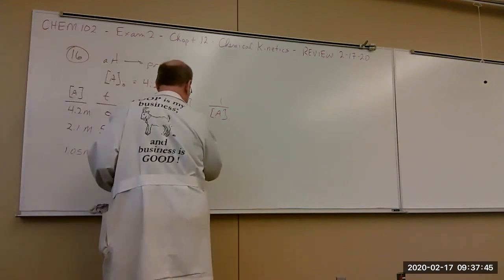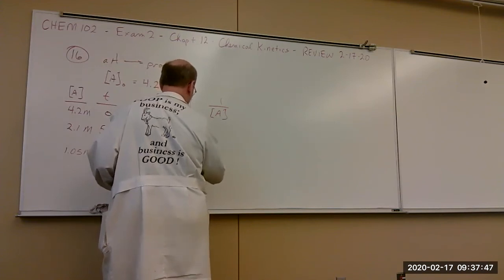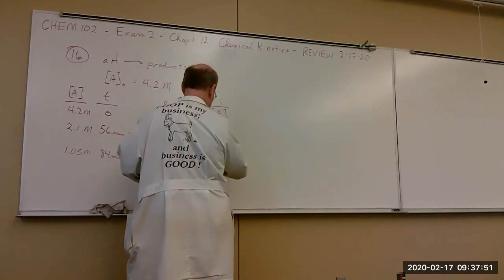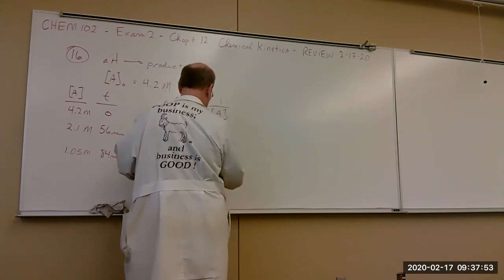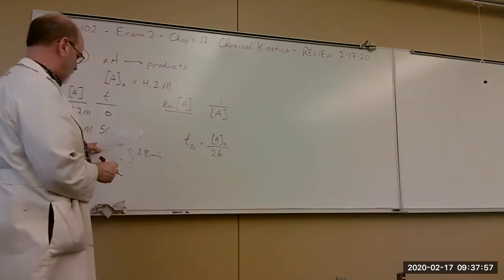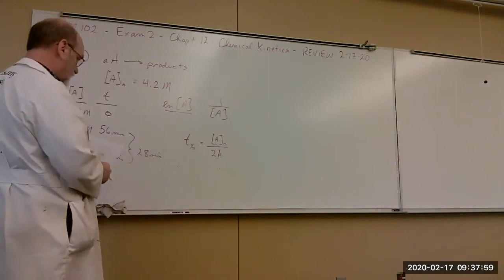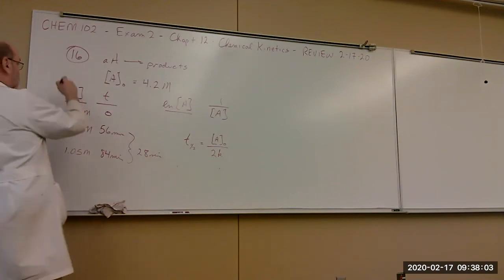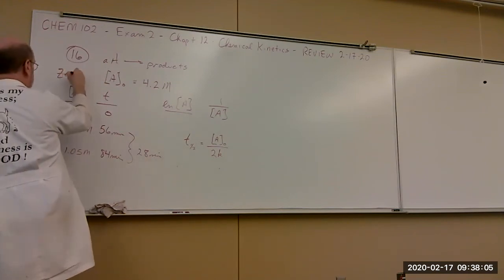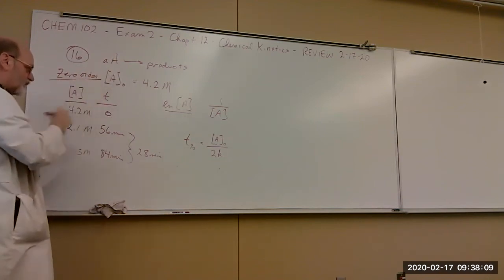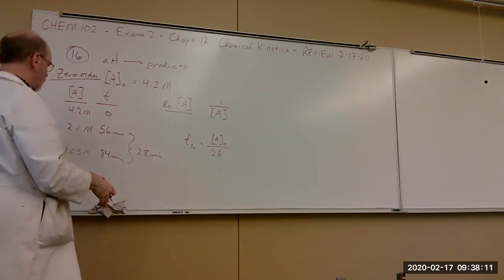all right, I know what T1/2 is for zero order. This divided by that. Okay? So if I just tell you that it's zero order, then the calculation is simple.